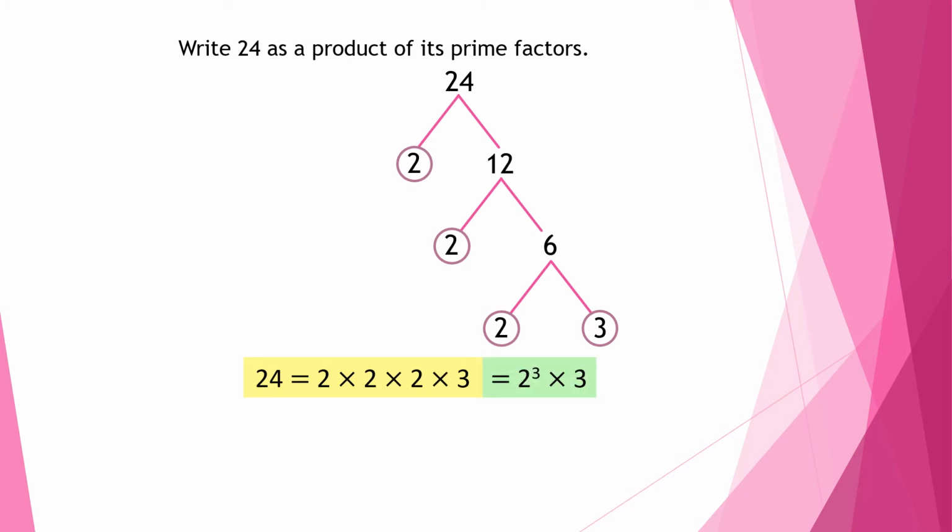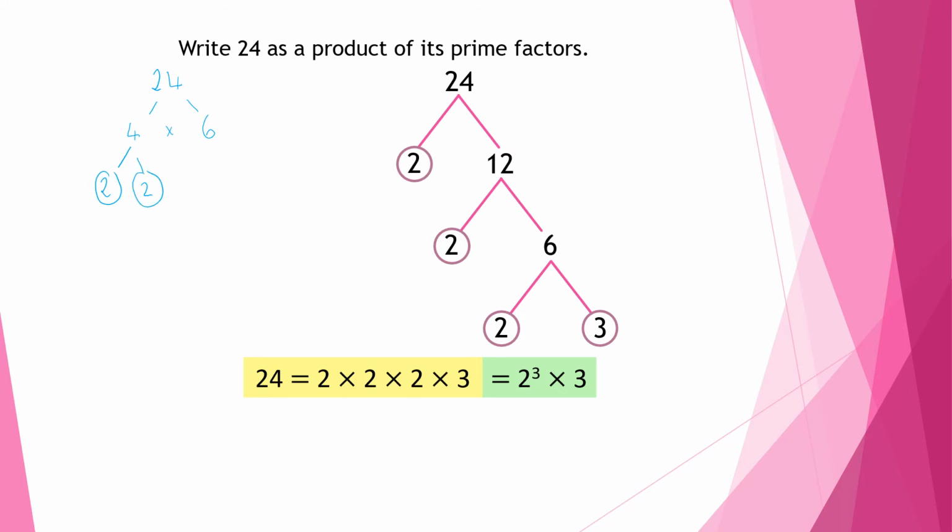times 3. Now it's important to note that it doesn't matter how you break down that number. So for example, if I split 24 into, let's say, 4 times 6. Now neither of those are prime numbers, so I need to go further. And I can break 4 into 2 times 2, which of course are prime numbers.